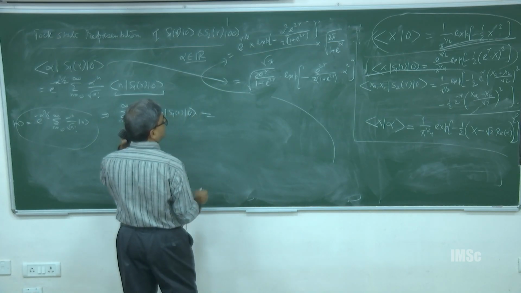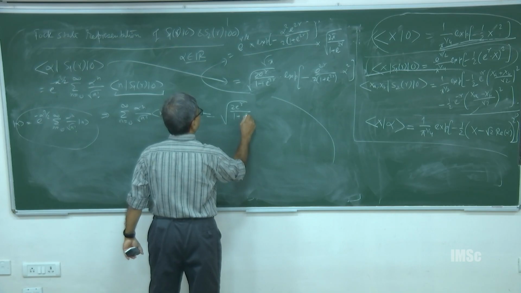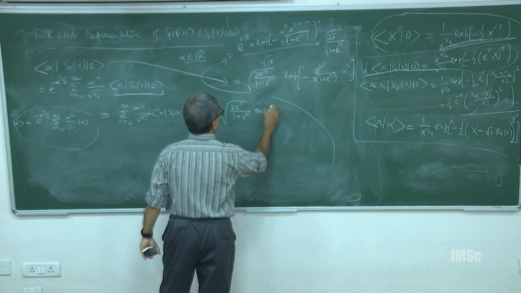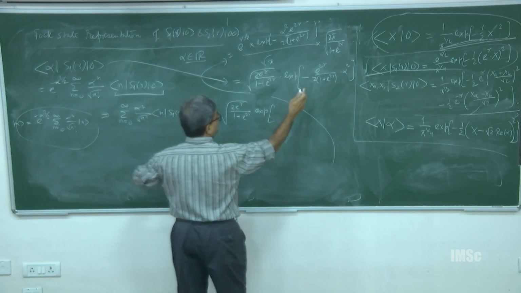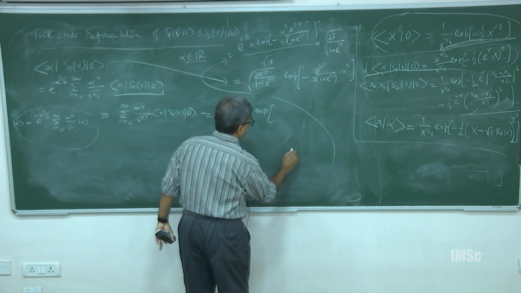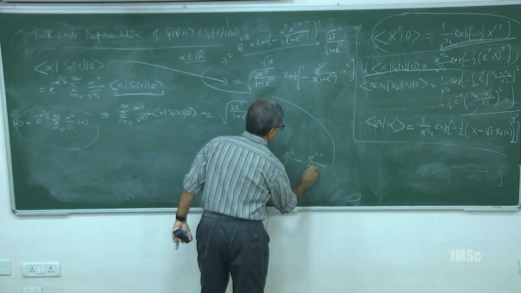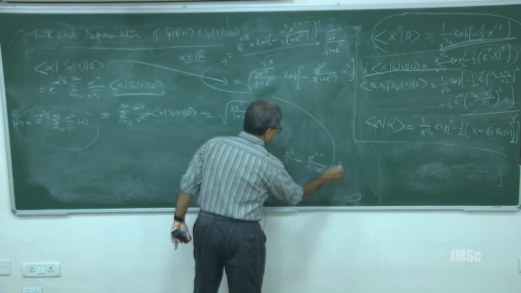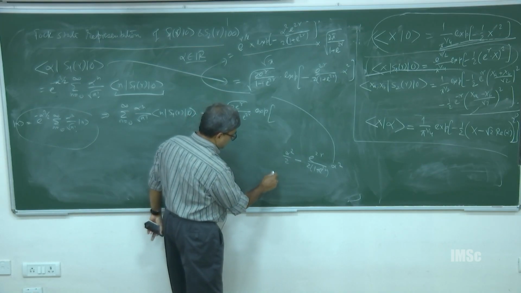So, this is plus r. So, therefore, this is 2 e to the power r by 1 plus e to the power twice r exponential of, so this will be alpha square by 2 here. So, what will be this? So, basically alpha square by 2 minus e to the power twice r by 2 into 1 plus e to the power twice r into alpha square.